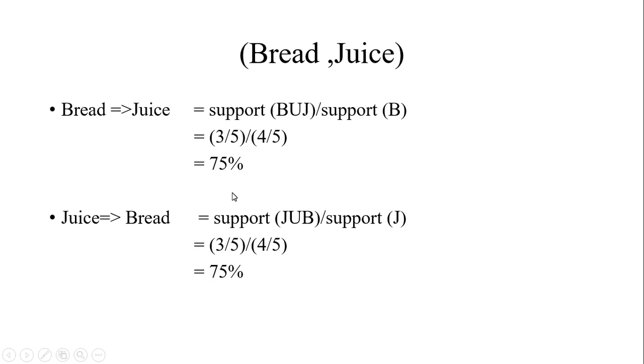Because it is crossing the confidence level, so we can have the confidence up to 75%. That rule will be correct, as given in the question. Again we are having two confidences, 75% for rule number 1 and 75% for rule number 2. So both are the same. So whatever rule we are generating, that is the correct one.